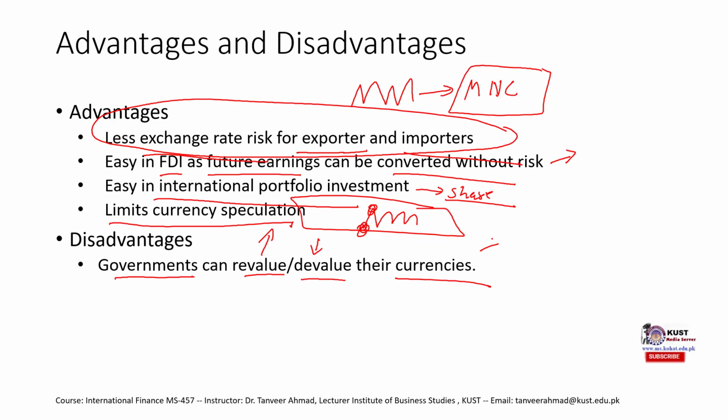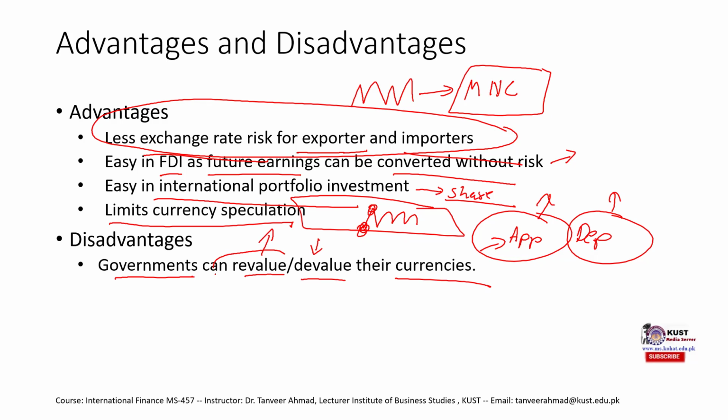When we discuss free float or the floating exchange rate system, and in all previous lectures, we have always assumed a free float exchange rate system. In balance of payments and in determinants of exchange rate, we have always assumed a floating exchange rate system, and that's why we have used the terms appreciation and depreciation. In a floating exchange rate system, the currency would either appreciate or depreciate, and this would happen not because of government intervention, but because of market forces.